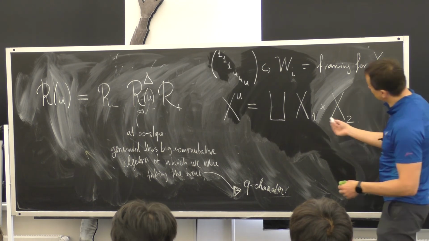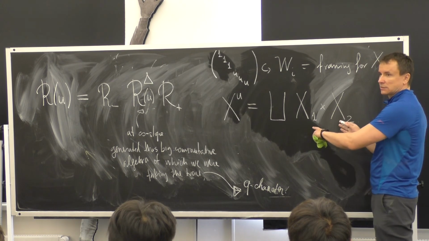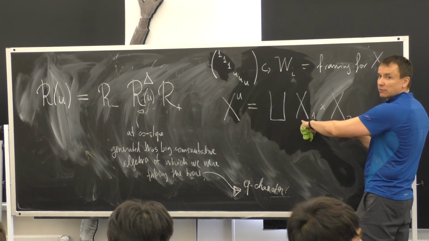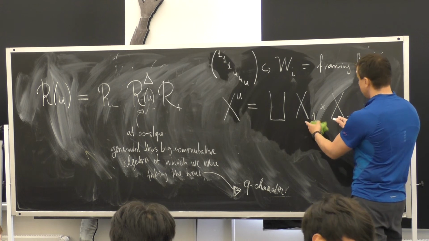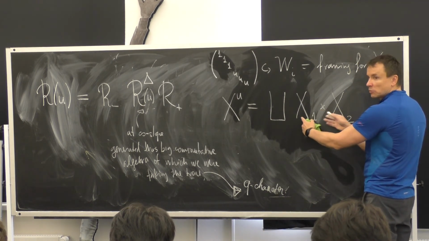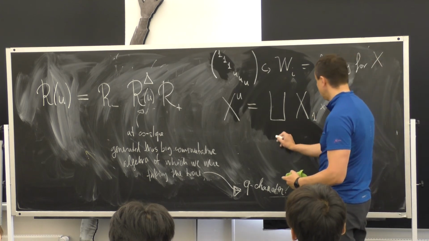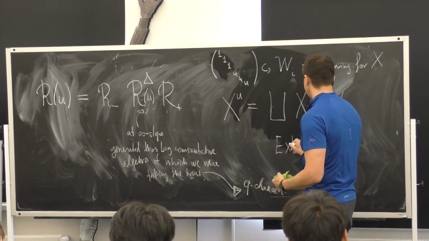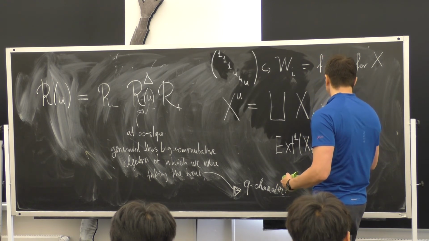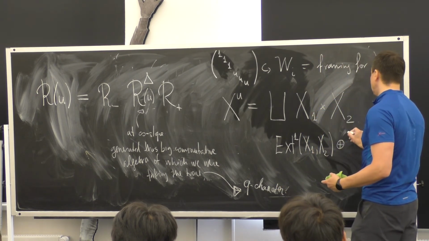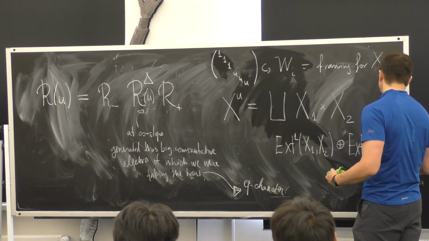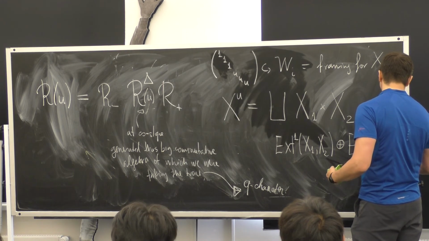That's an exercise we did. So what are the attracting and repelling manifolds here? The normal bundle to this product, which is an exercise you should have done, is in terms of quiver representations Ext^1 of X1 into X2 plus Ext^1 of X2 inside X1.